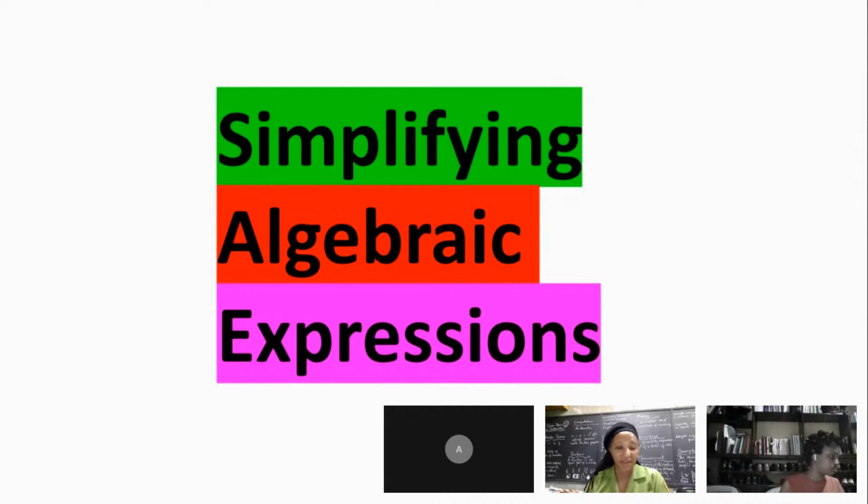We're not going to find what is x, what is y, and so on. We're just simplifying it, condensing it, compacting it. In some cases, we might have to do a little expansion first, and then we factorize and whatever to get it in its simplest form. So here goes.